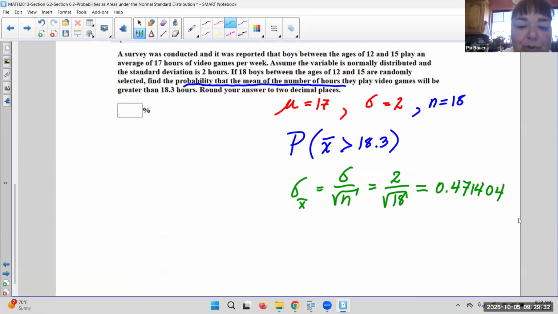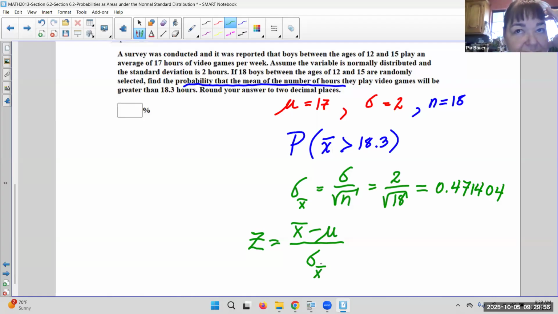Okay, so now to the z-score, but the formula for the z-score has changed. It's not x, but x bar minus mu, the sample mean minus the population mean, divided by this adjusted standard error of the mean that we have.